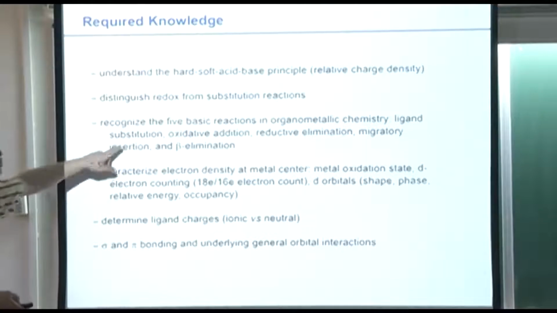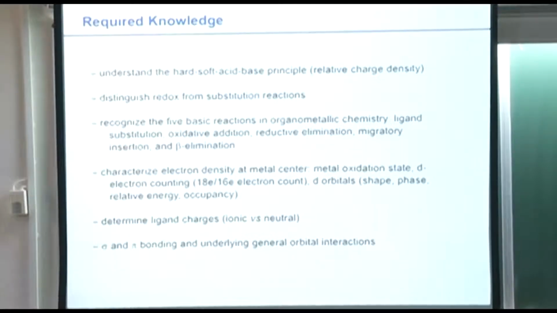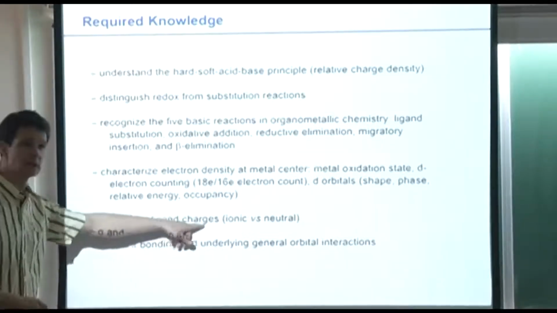So that you know the basics of organometallic chemistry, that you know whether it's a reductive elimination, an oxidative addition, a beta-hydrogen elimination, a migratory insertion, and then the substitution, of course. That you'd be able to count electrons at the metal, how many valence electrons with the ligands, so that you understand what the ligand is.